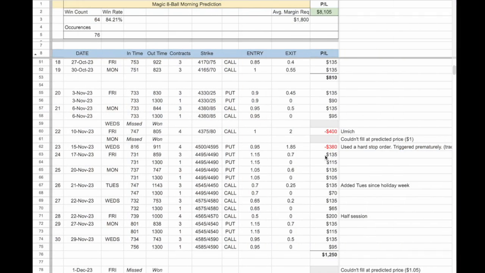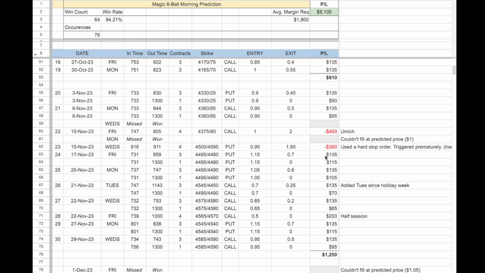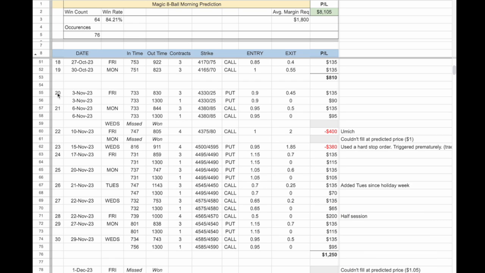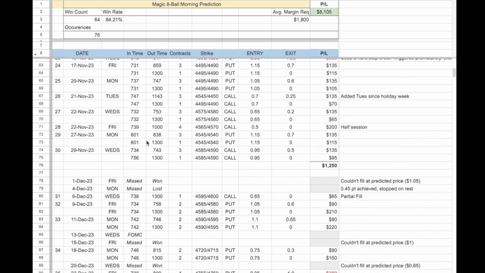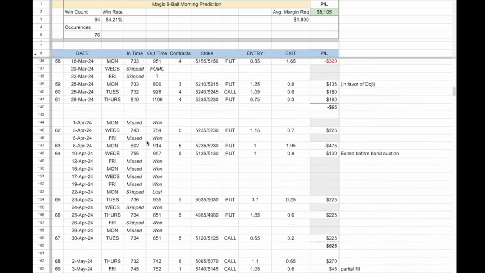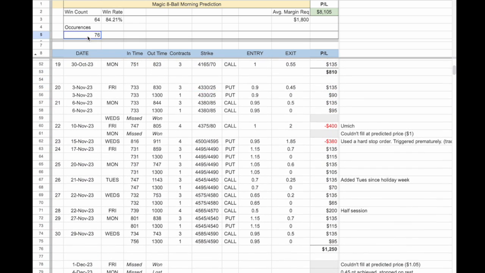All right, friends, welcome to my trading log. She's not fancy, but neither am I. In my first video, I left off on this trade, pretty sure, and it is now May. I'll go over these a little bit slower, but just for context, I'm now in May. I am 76 occurrences in. There's my win rate.